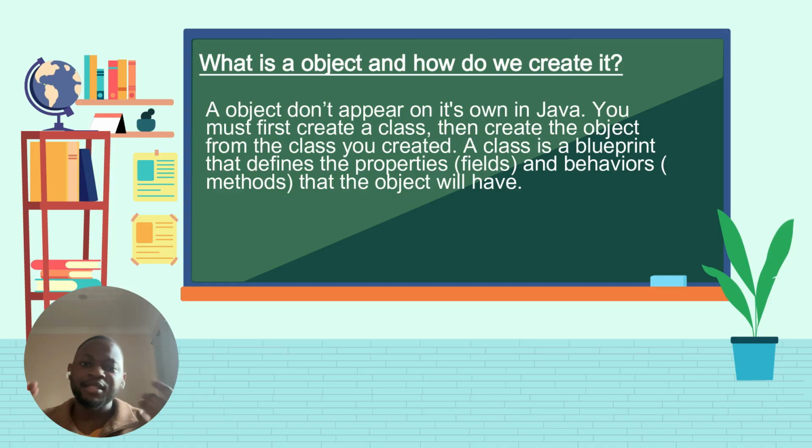The class would usually have the properties, which are your fields or attributes, and it would also have behavior, which would be your methods, what you want the object to do. The next slide will have an example of a class.